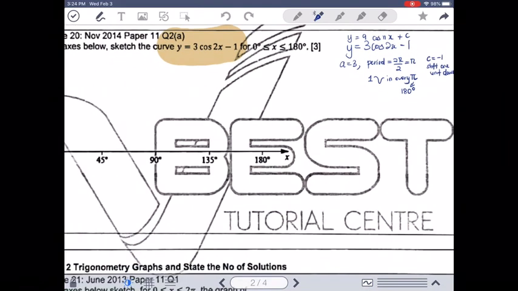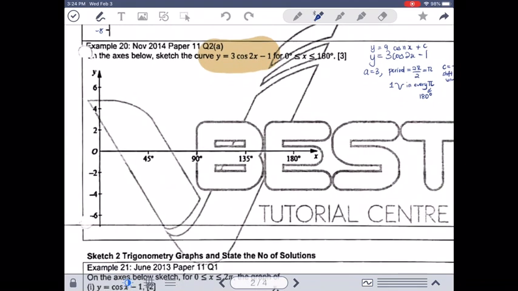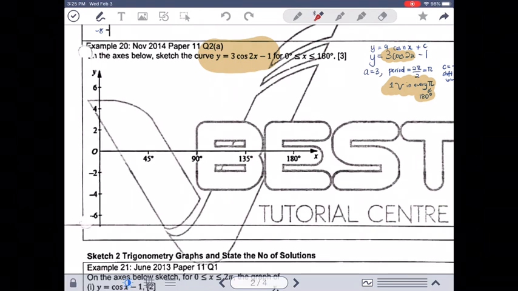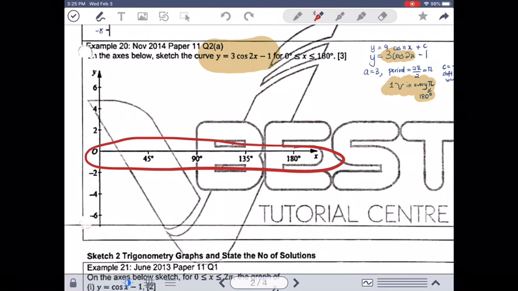So start off by plotting 3 cos 2x there. We have one cycle in every 180 degrees, which means that, since the range of x given is 180 degrees, we only have one cycle in this case.